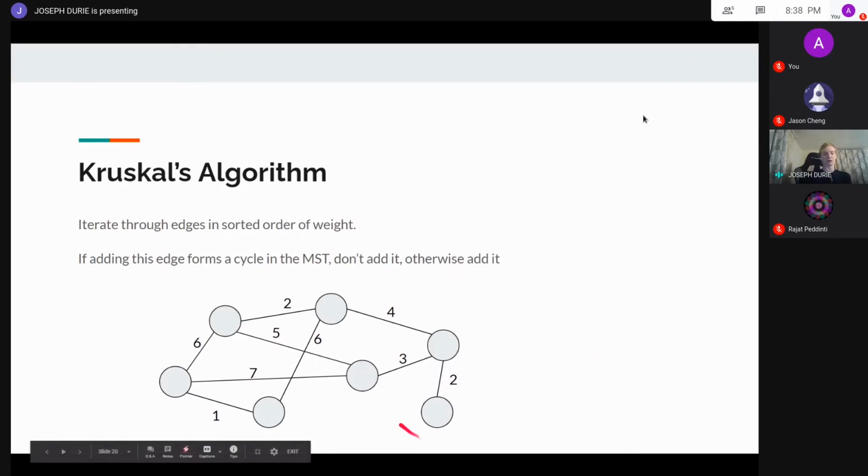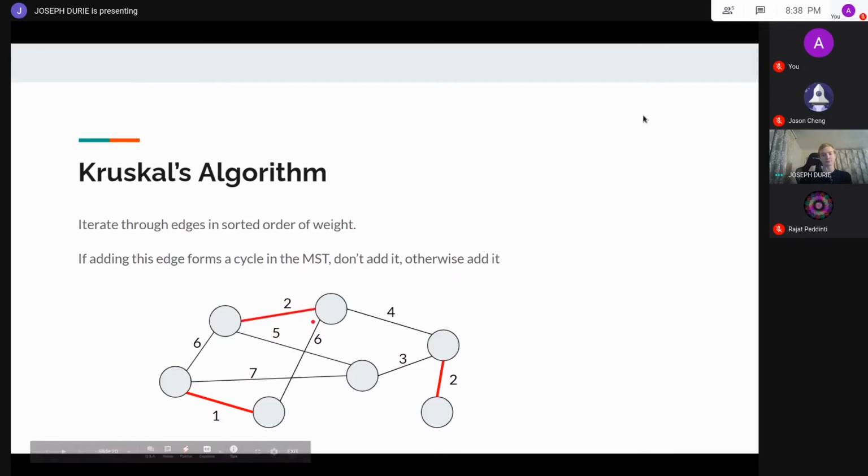For example, the least weight edge is this 1, and we don't have any edges in the MST, so this isn't creating a cycle, so we can add this to the MST. Then we look at this edge of weight 2. We could also look at this other edge of weight 2, but we can choose arbitrarily between edges with the same weight. This one also does not create a cycle.